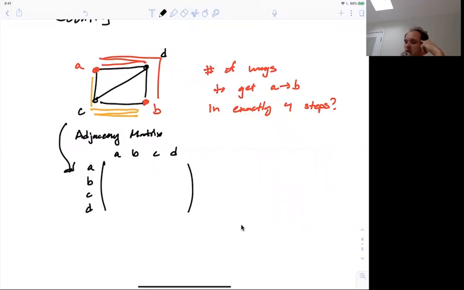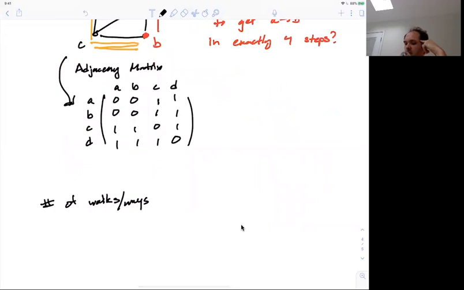And one of the things about this matrix that makes it very powerful is that the number of walks, meaning the number of ways to get from I to J in exactly K steps, is equal to this matrix raised to the K power, and you take the IJ entry.